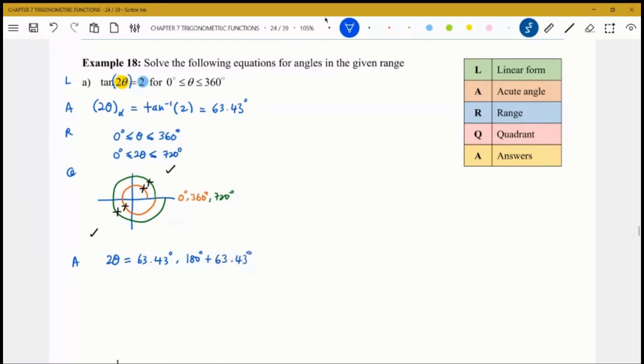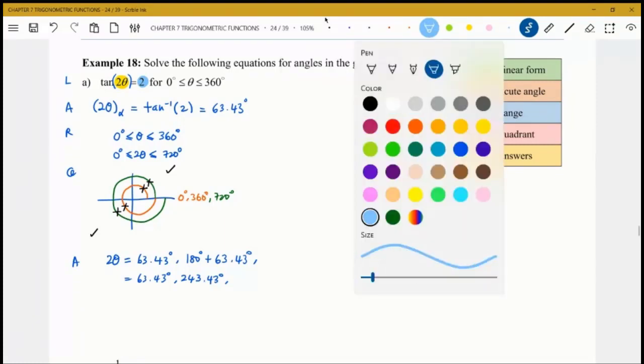Okay, cari dulu yang ini berapa. 180 tambah 63.43 berapa? 243.43. Okay, 243.43 degree. Okay. Ini adalah angle pada yang ini.